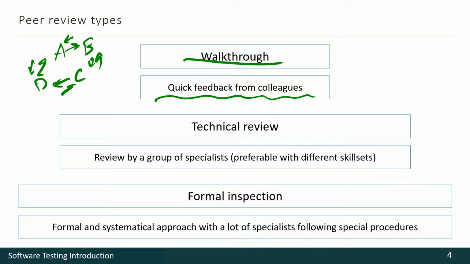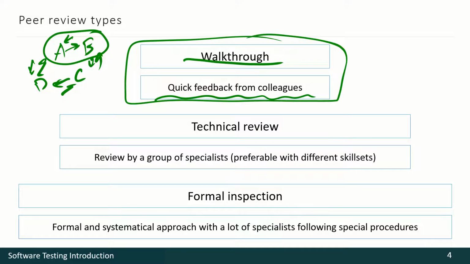It's quick, simple, it doesn't require any special preparation, any special techniques or tools. Usually, of course, there are only two people, person A and person B, so as you can see, it is easy to guess, this is the most common approach.